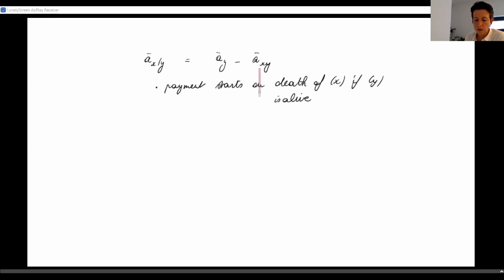If Y dies first, then at the moment of the death of Y, both products will stop. So I'll get a cash flow of 0 after the death of Y. So indeed, the two products that I consider here give the same cash flow, right?